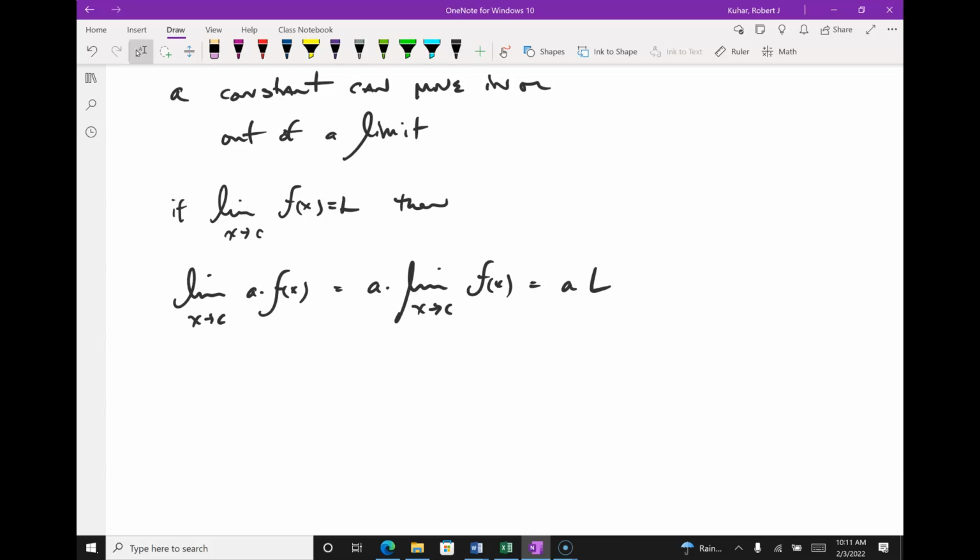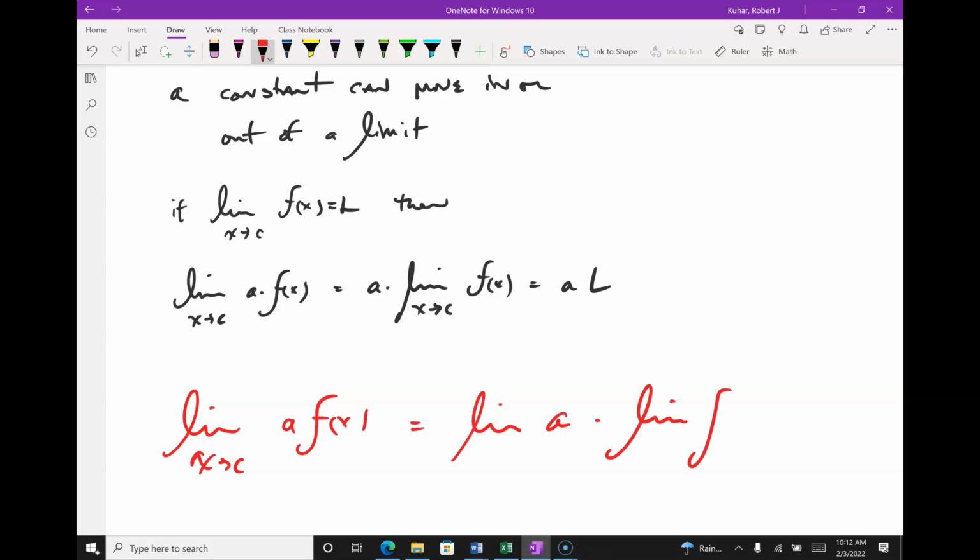I can do it a couple ways. I can do epsilon delta, or I can use my product property. Which one do you want me to do? Epsilon delta or product property? I knew you'd say that. The limit as x goes to c of a times f of x equals the limit of a times the limit of f of x, and it's done already, isn't it?